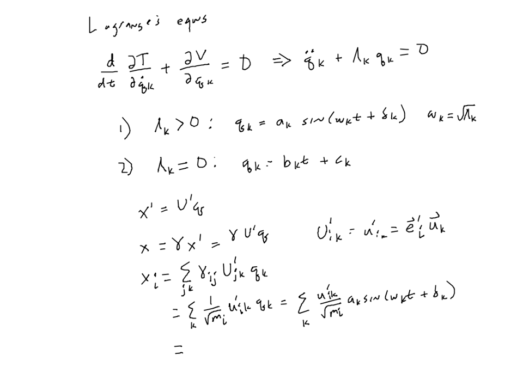Now that is basically the sum over k of what I can just call uk or uik, where I've just taken the u prime and divided out the mi term, and then I have the ak sine of omega k t plus our phase factor.